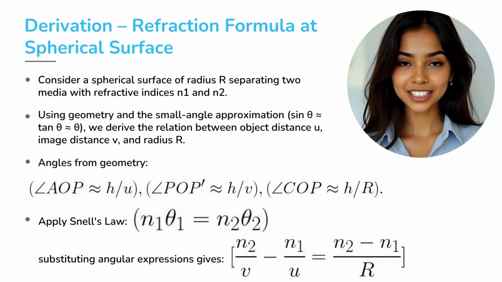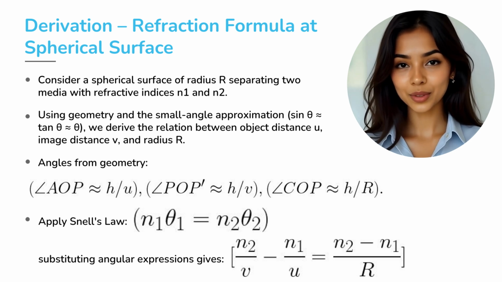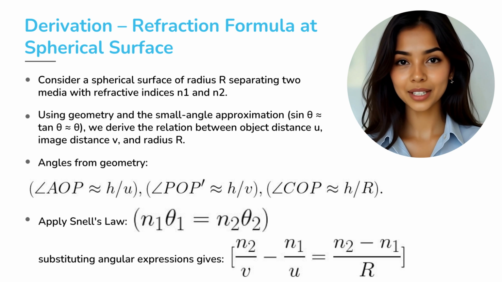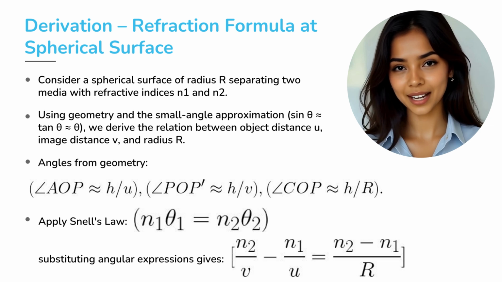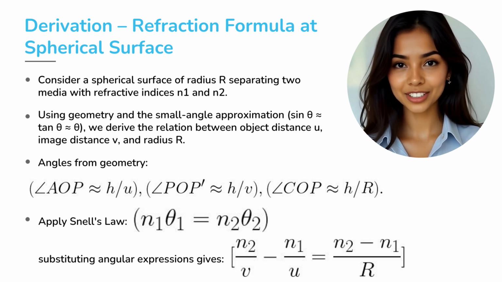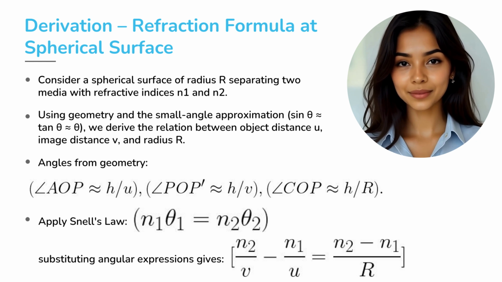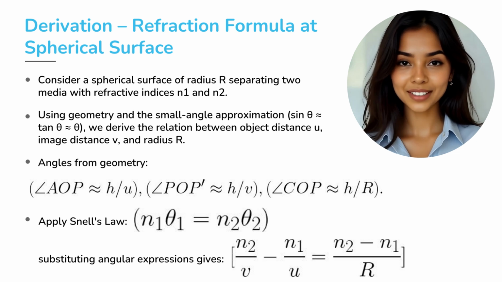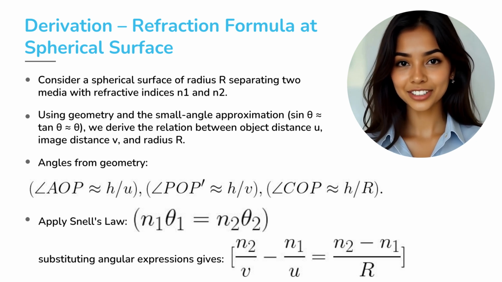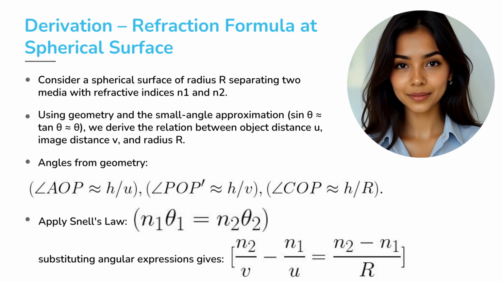Let's dig a little deeper into how that refraction formula comes about. Picture a spherical surface with radius r separating two media, one with refractive index n1 and the other with refractive index n2. Imagine an object placed in the first medium at a distance u from the pole of the surface and producing an image at distance v in the second medium.